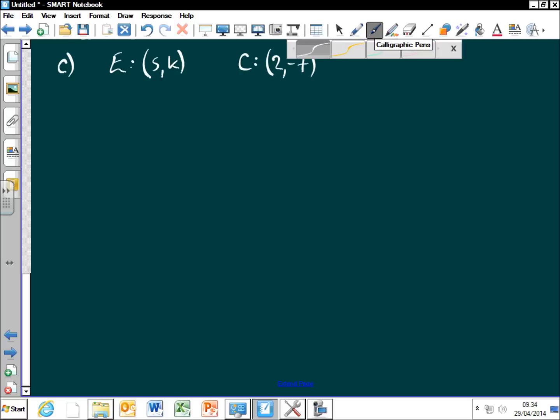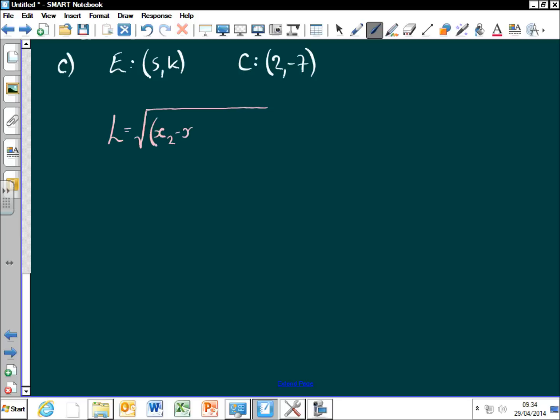So I have these two coordinates. Now I can write down the distance using Pythagoras. You might remember it as a formula. It's essentially Pythagoras, and it's the difference in the x's squared plus the difference in the y's squared, all square rooted.